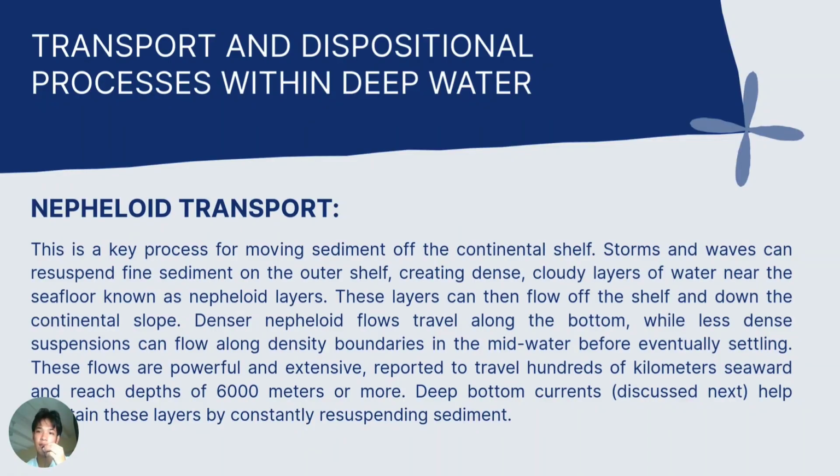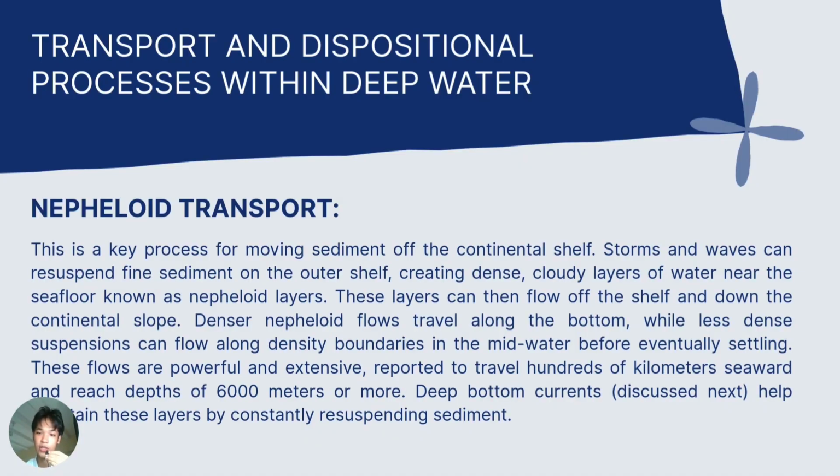When we say nepheloid transport, it is a key process for moving sediment off the continental shelf. Storms and waves resuspend fine sediments on the seafloor, creating dense, cloudy layers of water near the bottom, known as nepheloid layers.